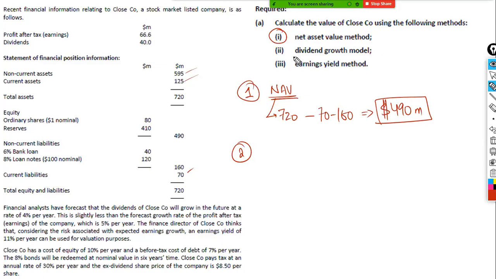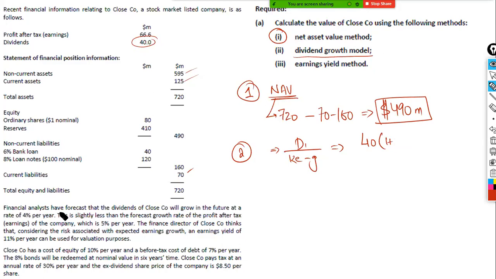Now, part two is to use a dividend growth model. Simple. I'll use D1 upon KE minus G. The current dividend that has been paid in total form is 40 million. So in order to compute D1 is simple: 40 multiplied by 1 plus G. So let me see what growth is given.